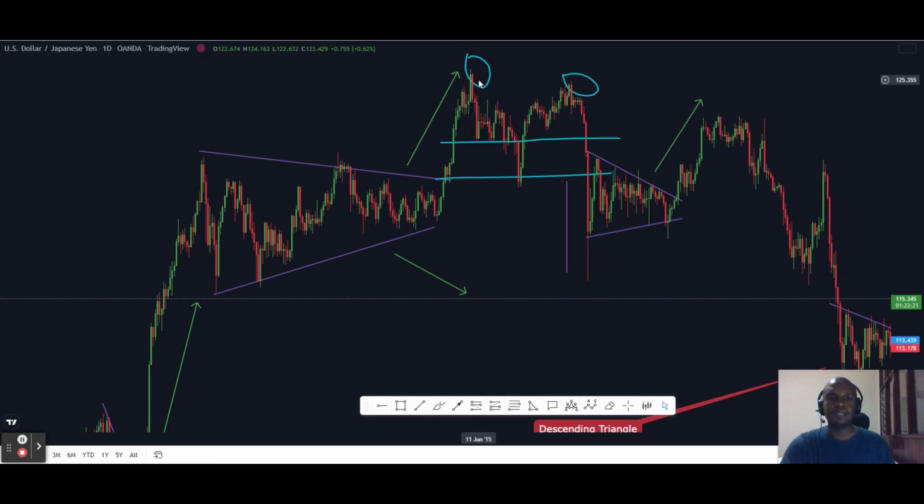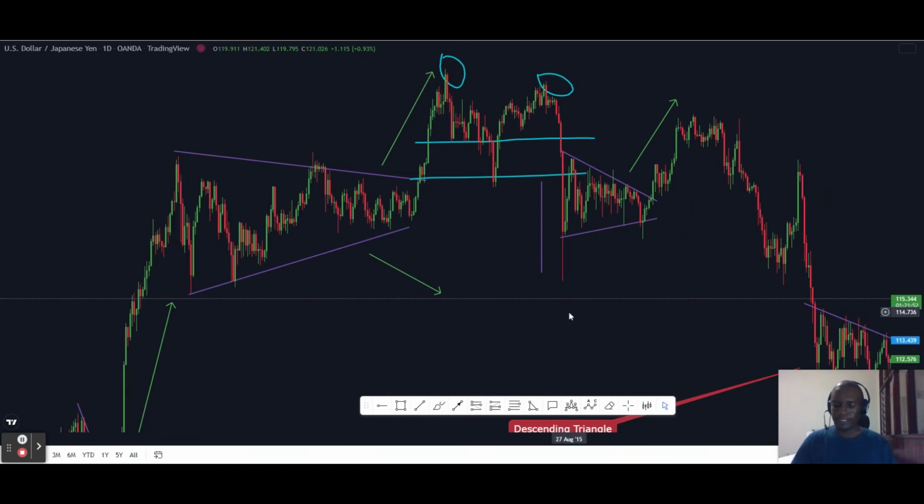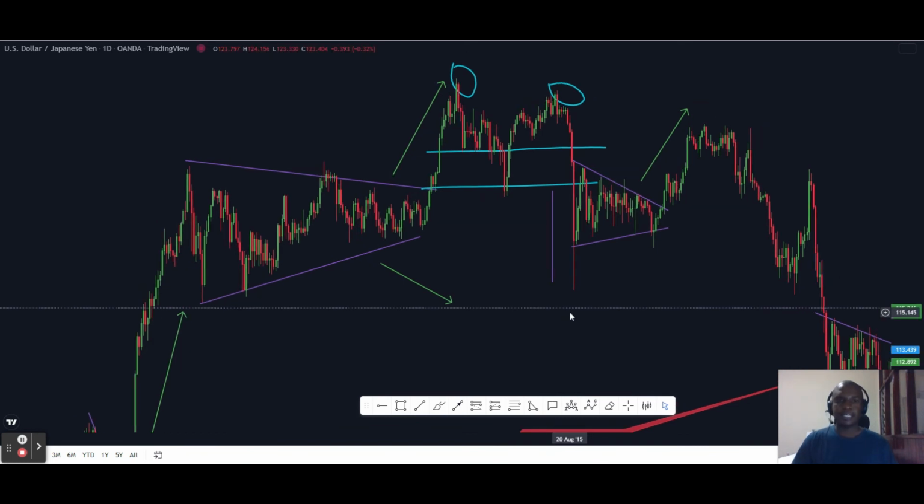It actually shot to the upside, but now it got to the top where there is consolidation around here, and it formed a double top. That is a sign of reversal. As a reversal pattern, it did reverse to the downside before it formed another symmetrical triangle which shot to the upside. So these patterns are always forming. If you are looking for them, you will always find them, and then take advantage of them.